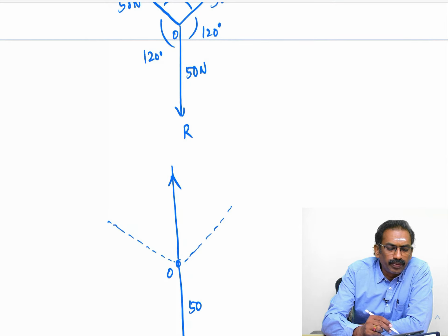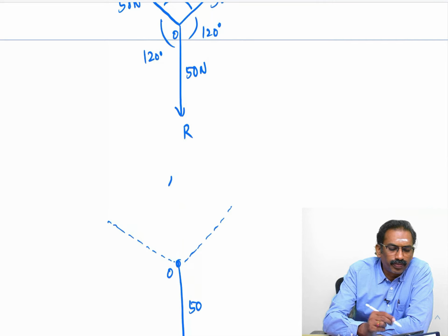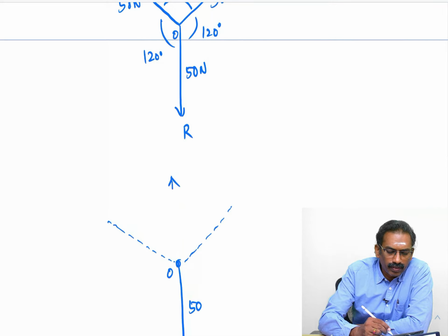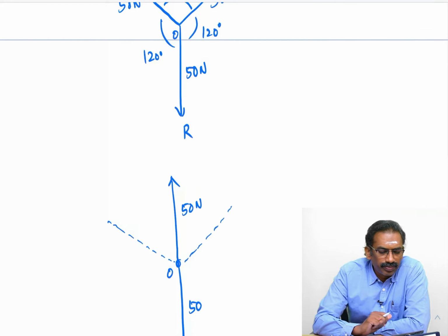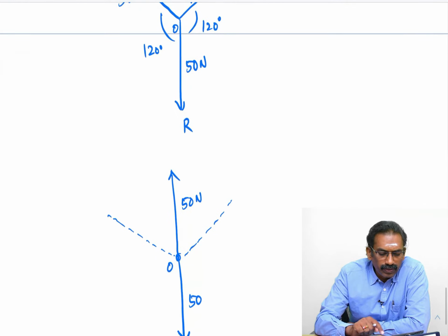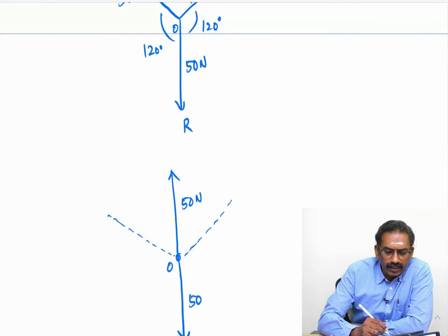Resultant magnitude is equal to magnitude of any one of the vector, Newton. This is the resultant of OP and OQ, that 50 Newton will act opposite to OR vector.